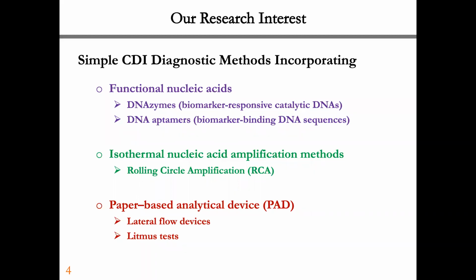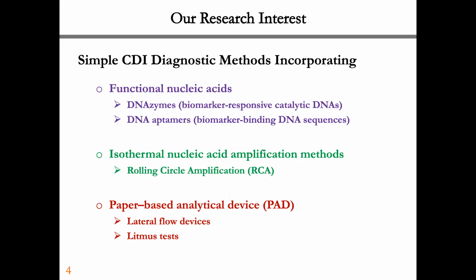As an interest for me and a group of scientists and engineers at McMaster, we are very much interested in creating simple, cost-effective devices, like a paper-based analytical device, or PAD, which includes lateral flow devices and litmus tests, as we often know from high school. They are cheap, easy to use, and produce a color.